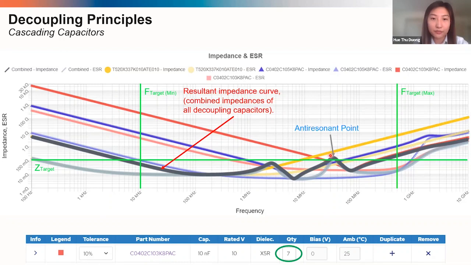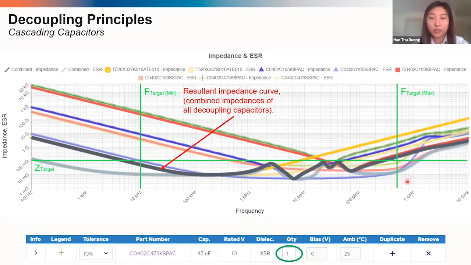Well, this is now above the target impedance line. To lower the anti-resonant point and further lower the impedance at the upper bound, we added a 47 nanofarad ceramic part, which effectively lowered the anti-resonant point. However, we still need to lower the impedance at the upper bound even further.